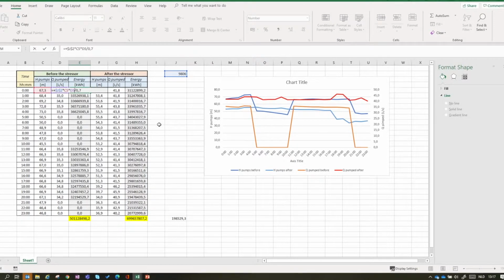Yes, yes, maybe we need just to convert because we have liters per second and we want cubic meters per second, so we need to divide by 1000, and also we want kilowatt hours. So right now we have watt hours because each time step is 1 hour. So we need to divide by 1 million because yes, perfect.